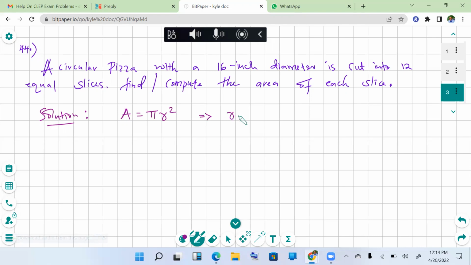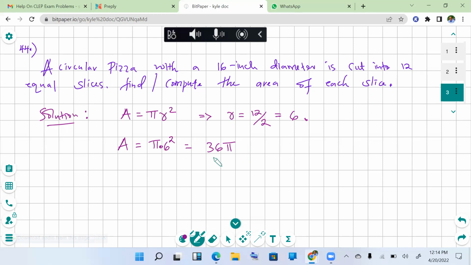And r in this case is going to be the diameter, which is 12 divided by 2, that is the radius. And this is going to be 6, right? And so the area of this circle is pi multiplied by 6 squared, which is equal to 36 pi. Now, this is the area of the whole pizza, but now we are interested in a slice.